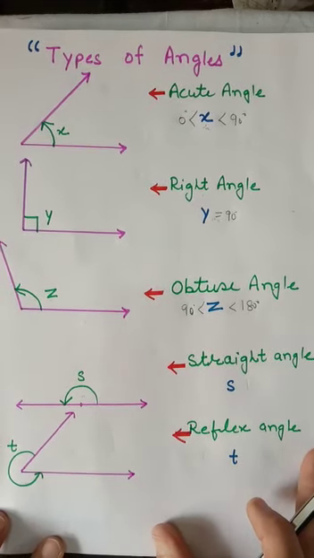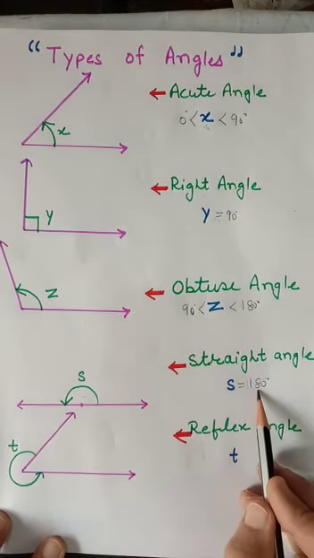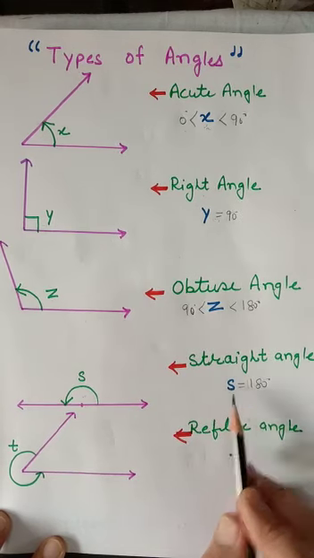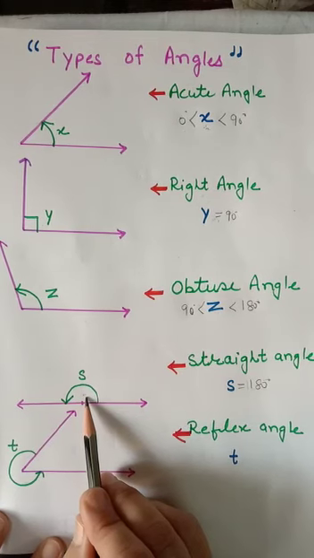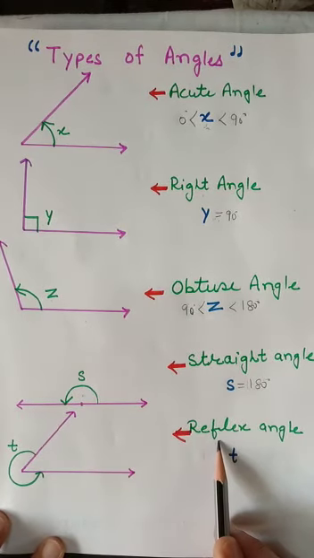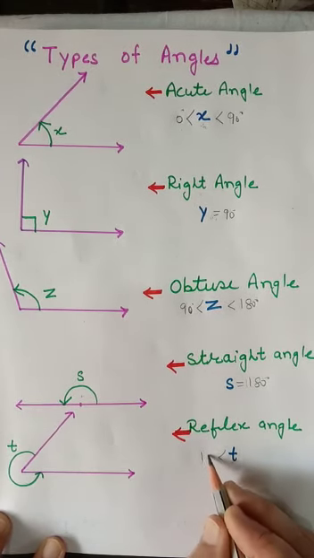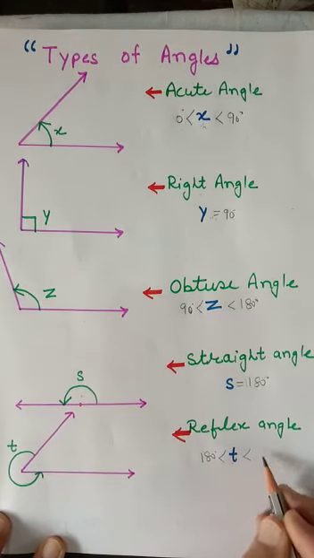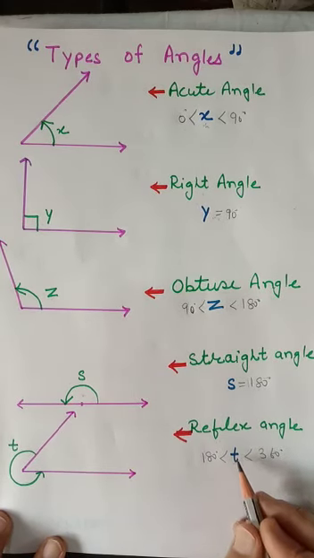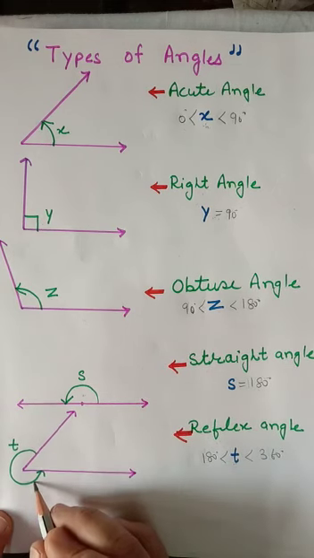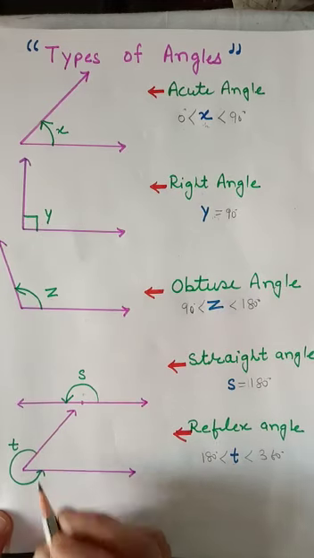An angle whose measure is equal to 180 degrees is known as a straight angle. Here angle S in this figure is a straight angle. Now next, reflex angle. An angle whose measure is greater than 180 degrees but less than 360 degrees is known as a reflex angle. Here angle T is your reflex angle.